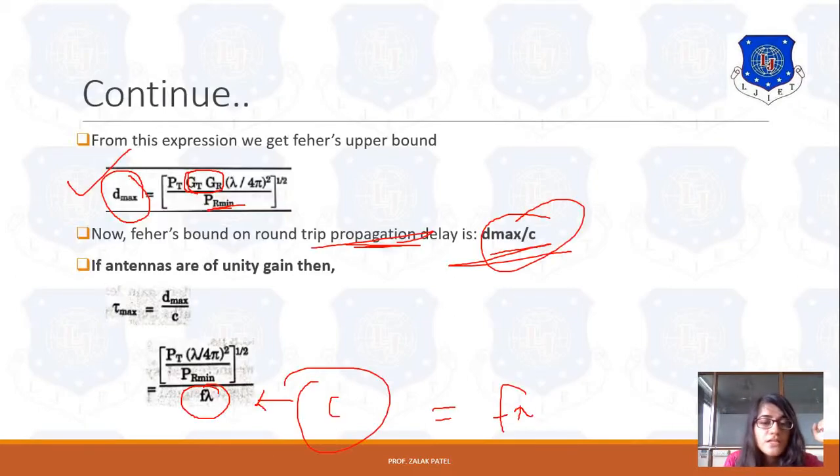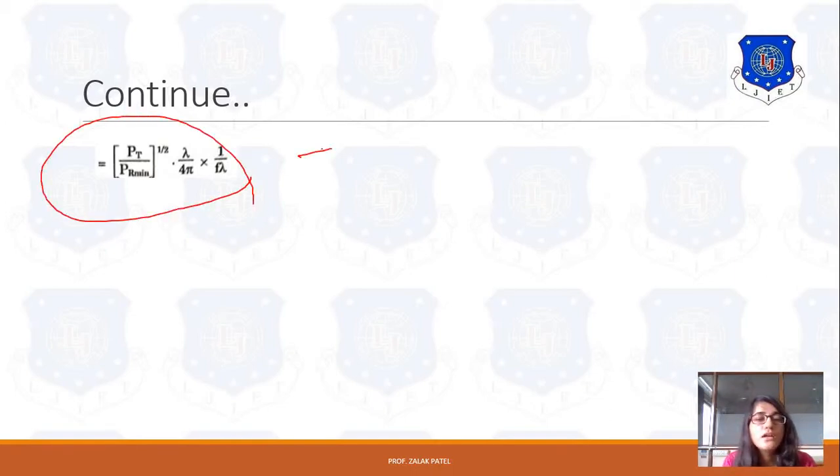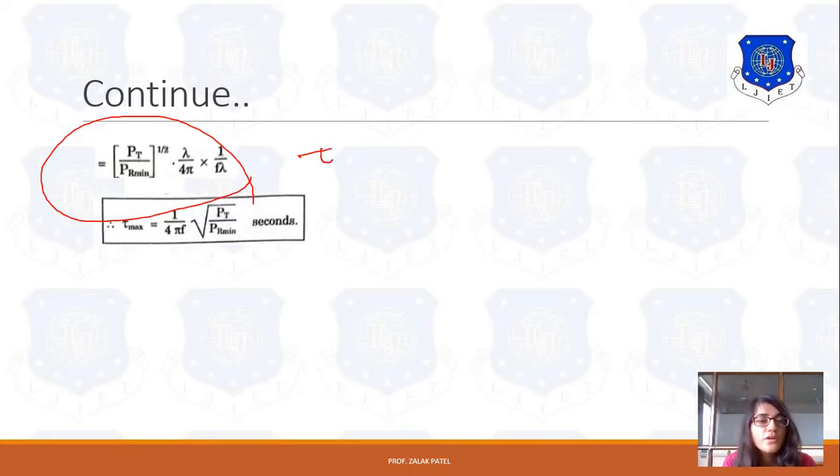Now if we rearrange this term, then please note this equation. We have to rearrange this, then PT upon PR we can write out. So it can be written like this: PT upon PR raised to 1 by 2 into lambda upon 4 pi into 1 upon F lambda. This is nothing but the total time period tau. So for tau we can write down 1 upon 4 pi F as it is.